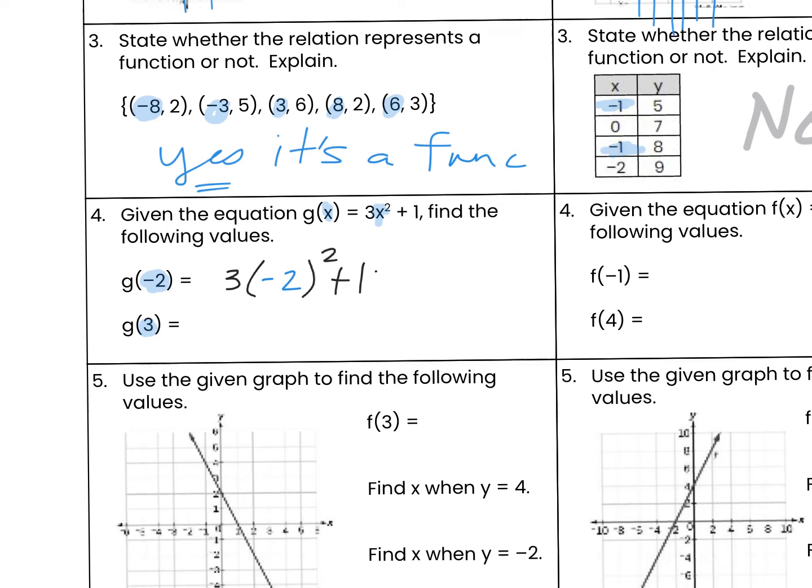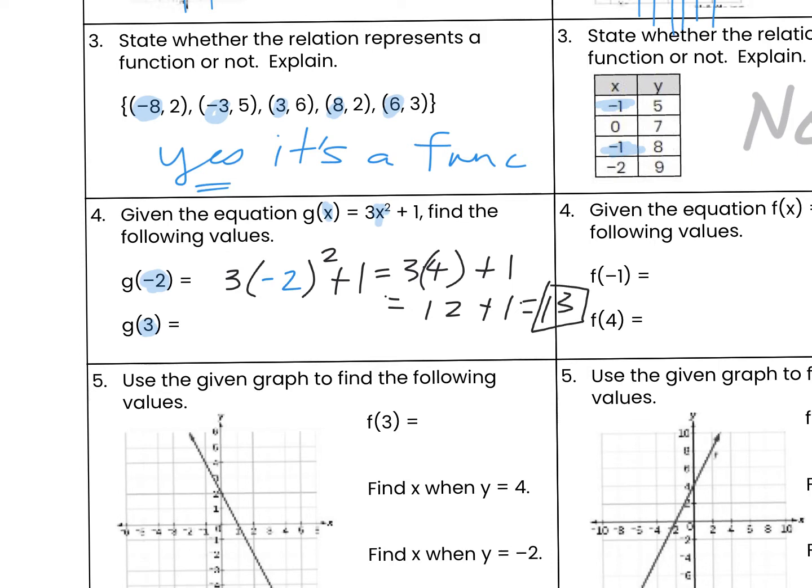What does this tell me? This is going to be 3 times 4 plus 1. Sorry about that. And then this will give me 12 plus 1, and that's going to give me 13.